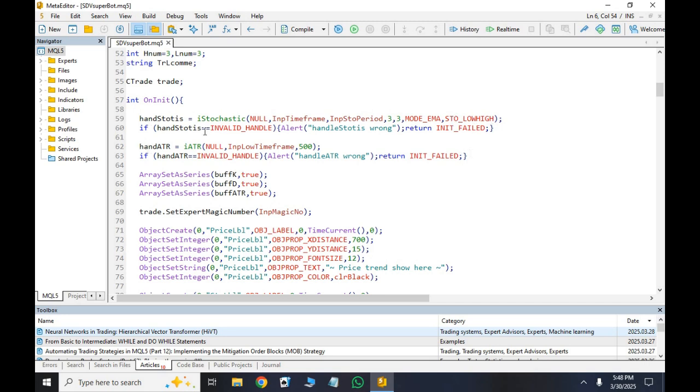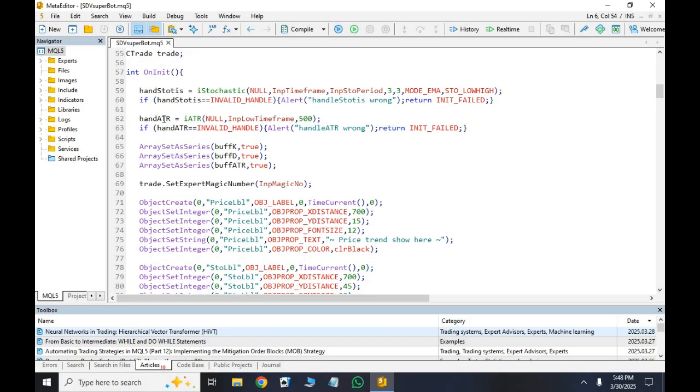If the handle is invalid, the handle is wrong, return INIT_FAILED. And the same for handle ATR: get ATR details with the low time frame for 500 candles, and if the handle is invalid, return.